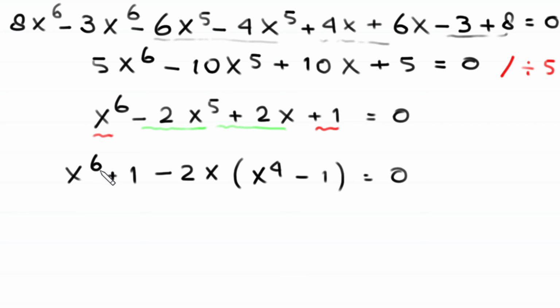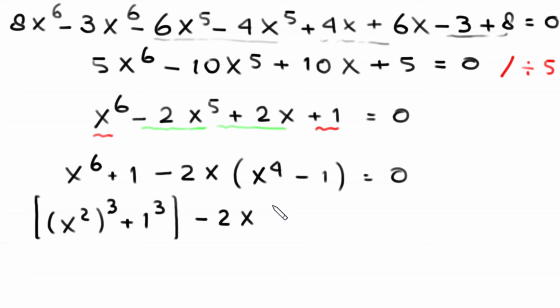This x^6 can be written as (x^2) cubed, plus this 1 can be written as 1 cubed, and we use brackets to make this a group, and negative 2 times x times this x^4 is the same as (x^2) squared minus this 1 is the same as 1 squared, equal to 0.